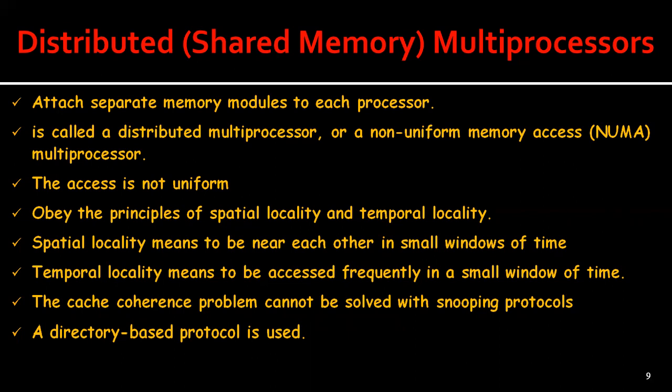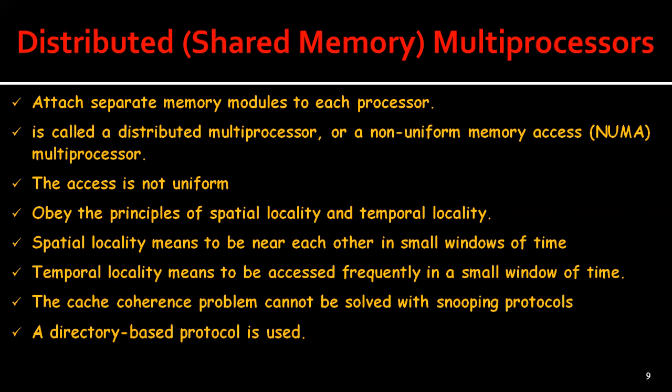Programs executing on these machines tend to obey the principles of spatial locality and temporal locality. So what is spatial locality? Spatial locality means that the memory locations that are accessed tend to be near each other in a small window of time. And temporal locality means that memory locations accessed once tend to be accessed frequently in a small window of time.